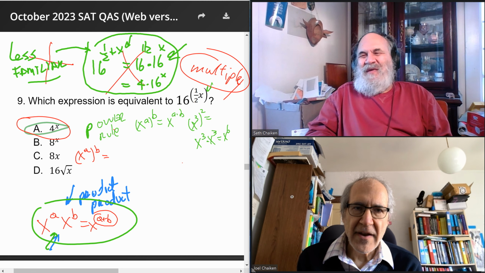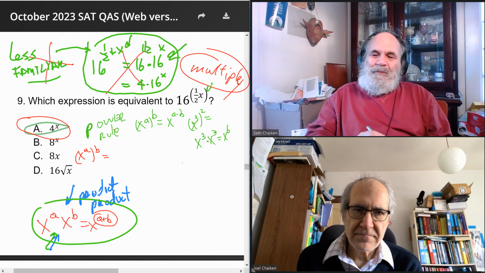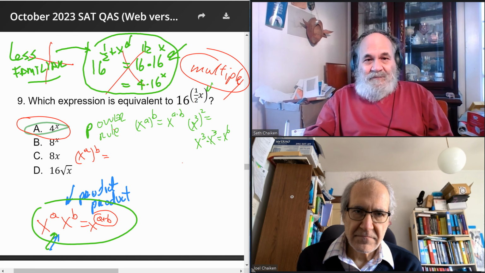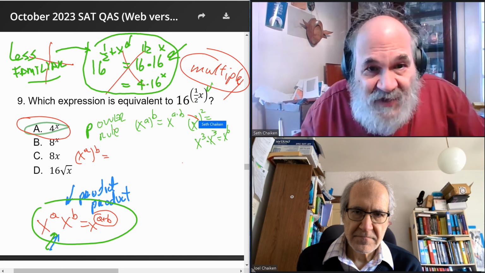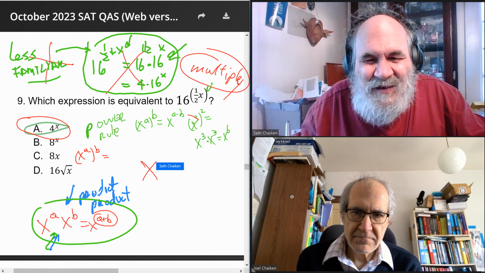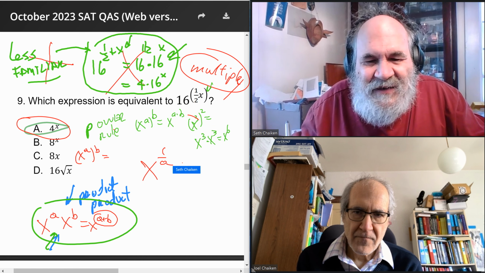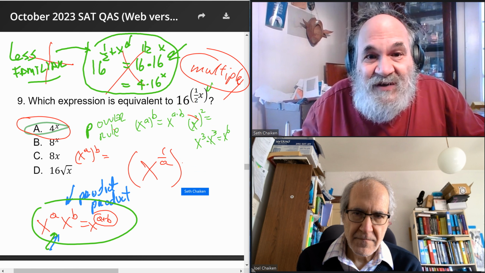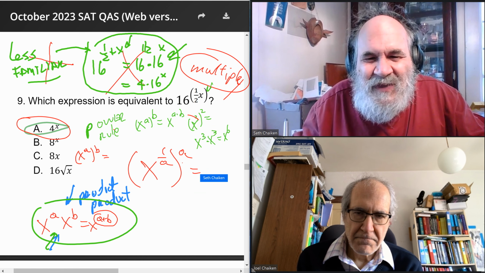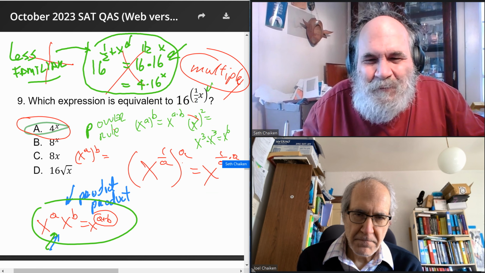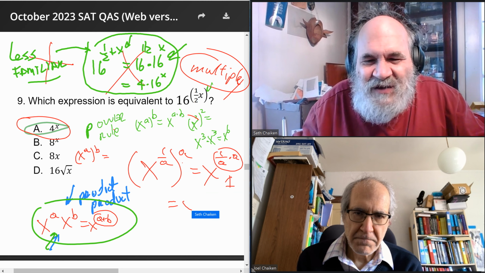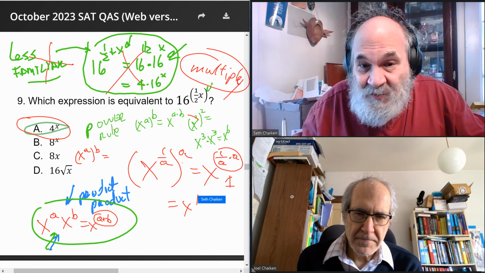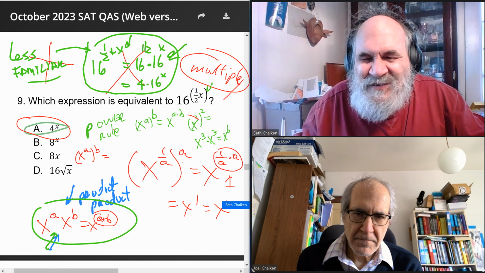And that's done so that x to the 1 over a, if you raise it to the 8th power, you get x to the 1 over a times a. The 1 over a times a equals 1, which is x to the 1. And since it's 1, it's just x.